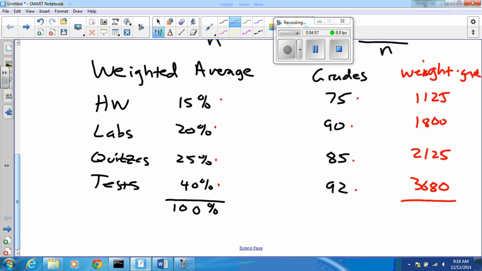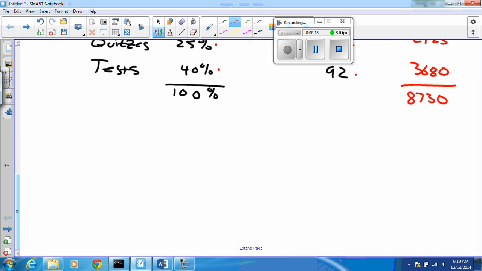And we can add up weight times grade to get 8730, your total number of weighted points.